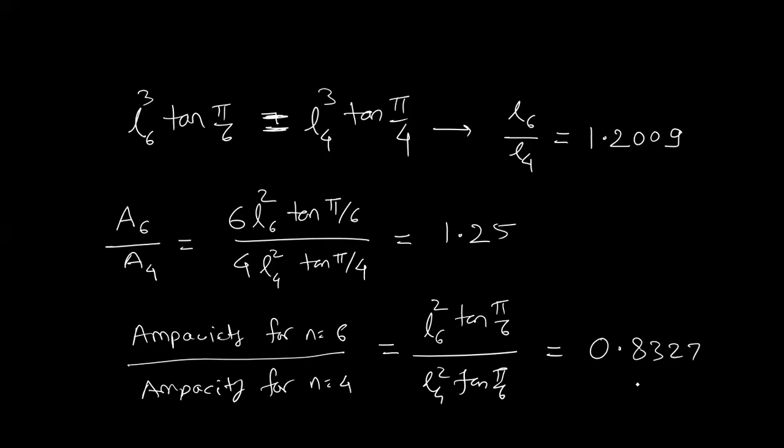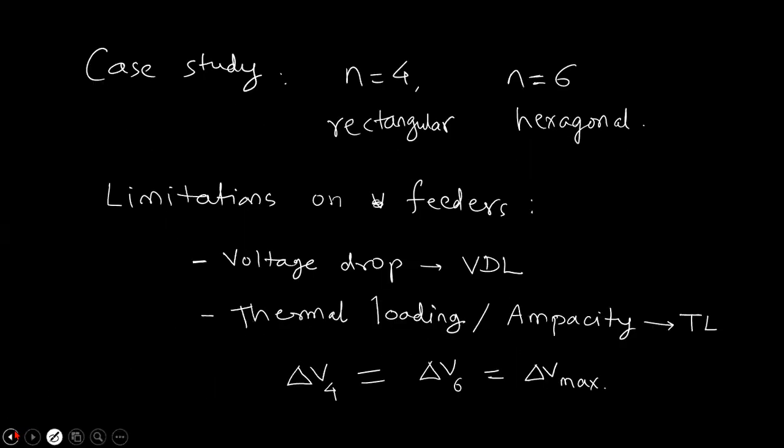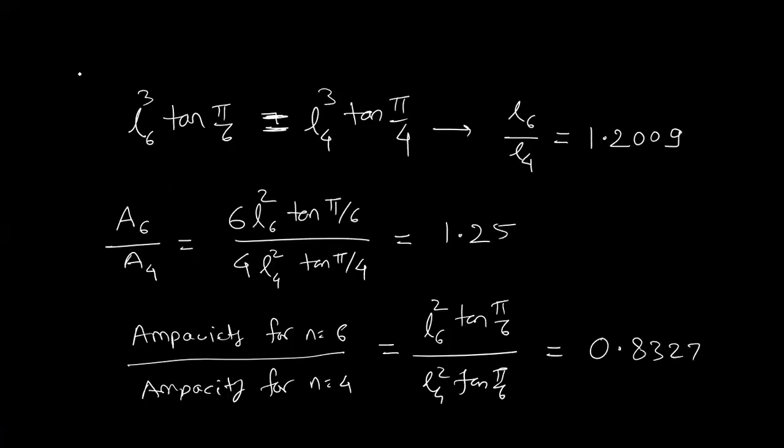That means a 17% reduction in ampacity when we go for a higher number of feeders. So this is the comparison we obtain for a VDL kind of feeder. This was the conclusion for the VDL feeder, and this slide is for the voltage drop limited feeder.